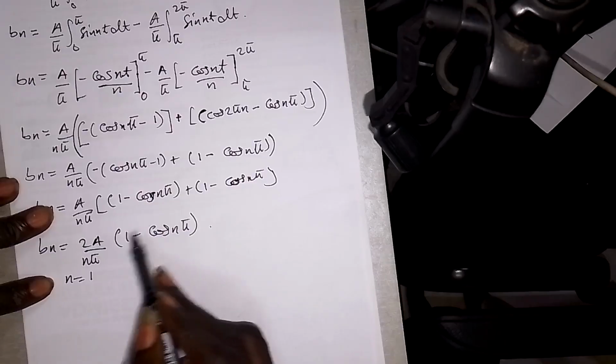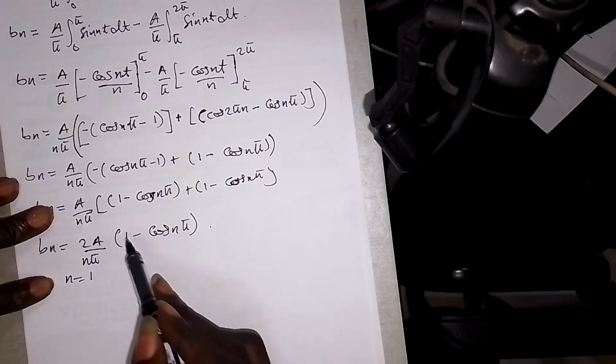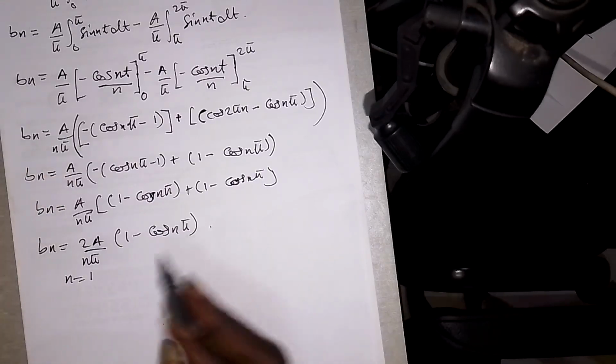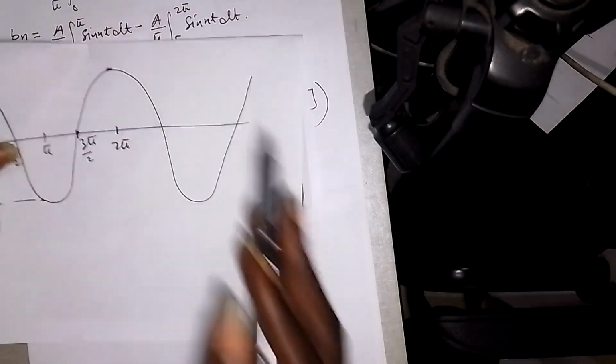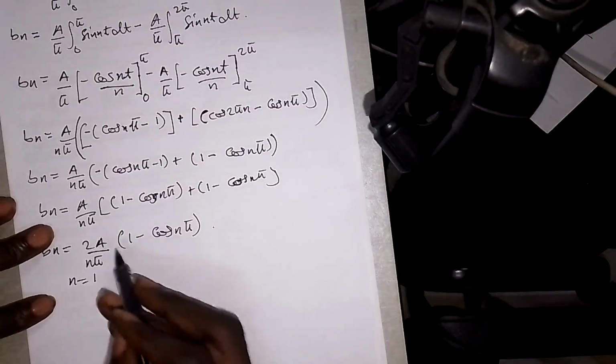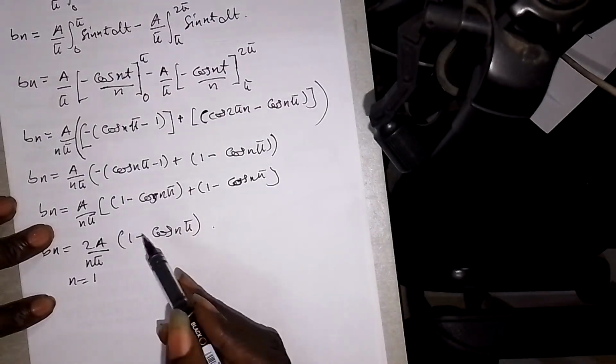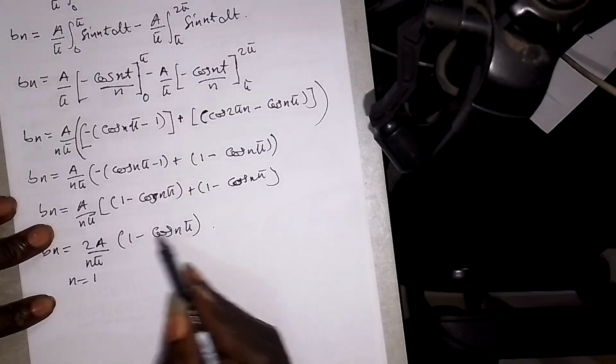If n equals 2, what is the cosine value for 2 pi? Cos 2 pi is 1. So 1 minus 1 goes to 0. If n is 3, the cosine value for 3 pi is what?